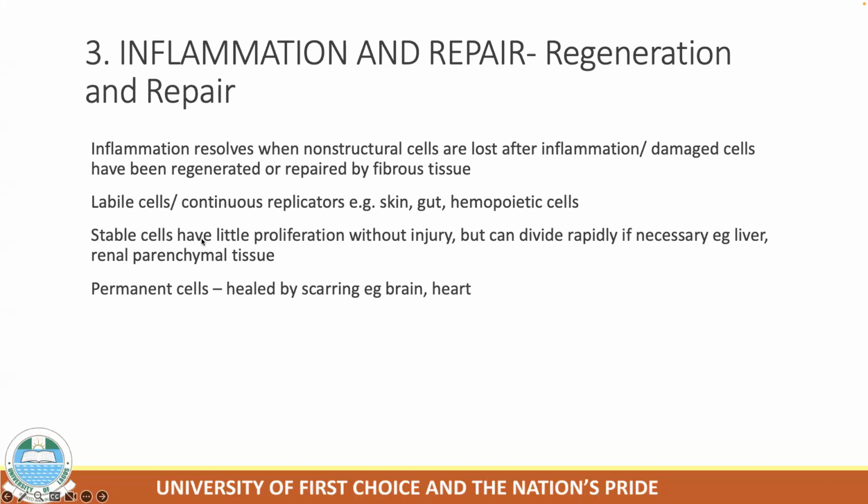Then you have stable cells that have little proliferation without injury, but can divide rapidly if necessary, for example, the liver or renal parenchymal tissue. This happens with permanent cells and they heal by scarring. So for labile cells, you usually have regeneration of the tissue to end the inflammation process. But for permanent cells, they usually heal by scarring, for example, the brain and the heart. If there is myocardial infarction and injury to the heart, it ends by scarring.